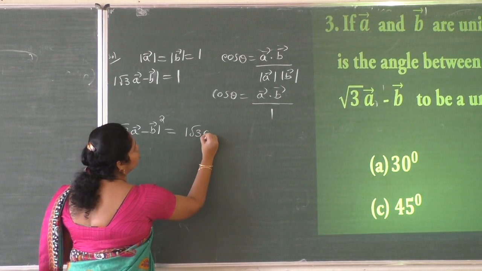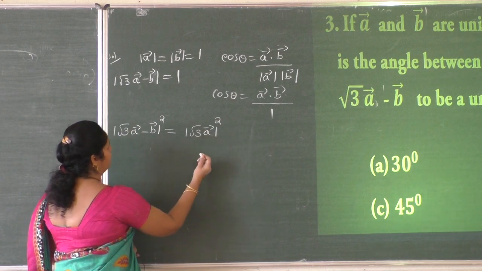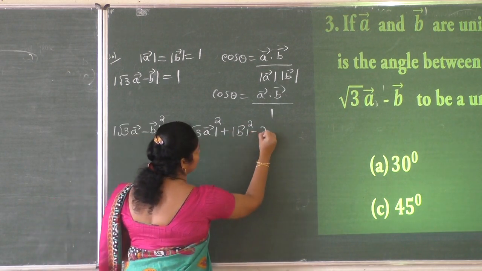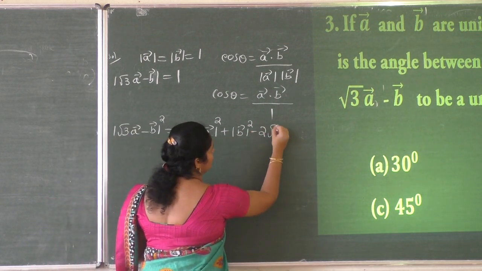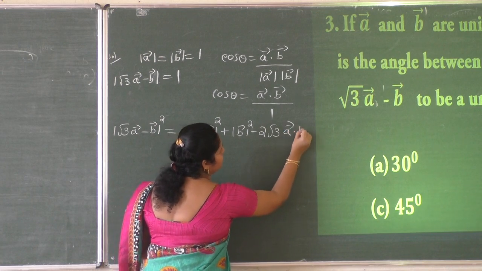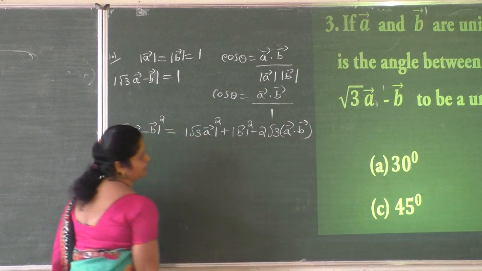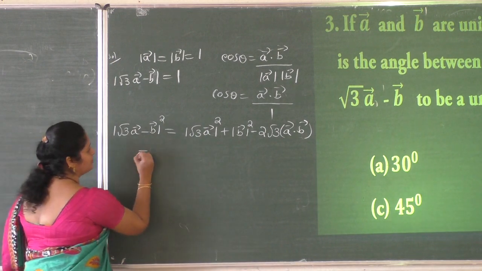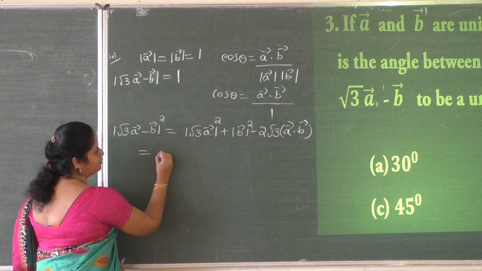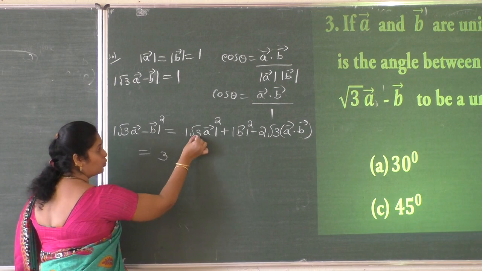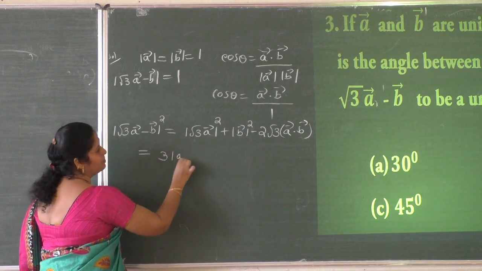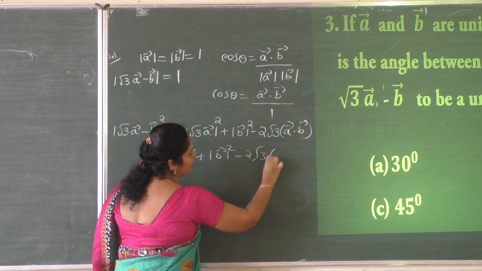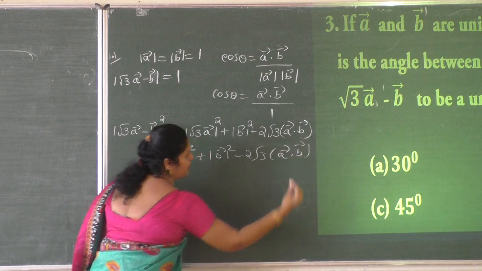Similar formula: root 3 vector A square plus magnitude of vector B square minus 2AB, that is 2 root 3 vector A dot vector B. This is the same as root 3 square, that is 3, magnitude of vector A square, magnitude of vector B square, minus 2 root 3 vector A dot vector B.